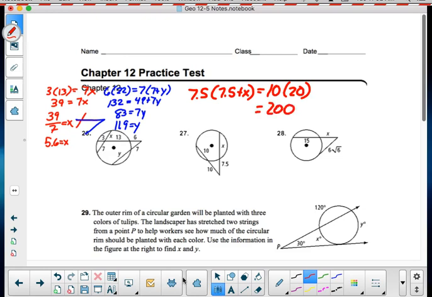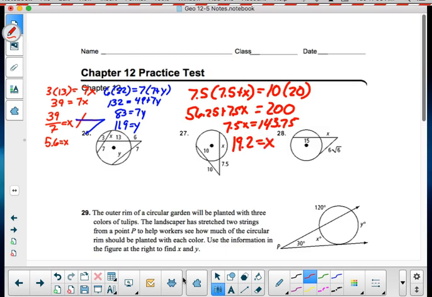Now this is 200 on the right, and I've got 7.5 squared, which is 56.25, plus 7.5x, and I've got 200 minus 56.25, okay, and that's 143.75, and I'm going to divide that by 7.5, and I will get 19.2 is equal to x.